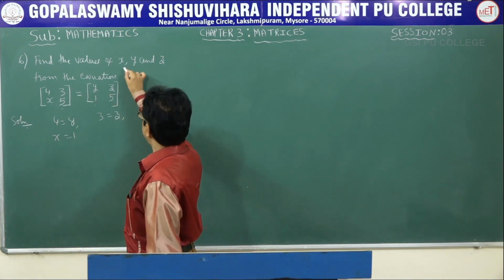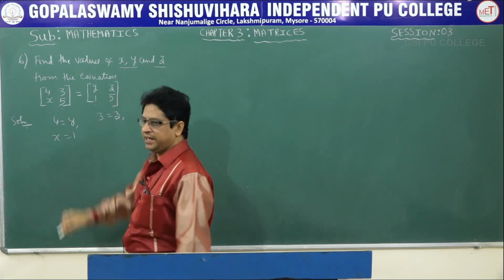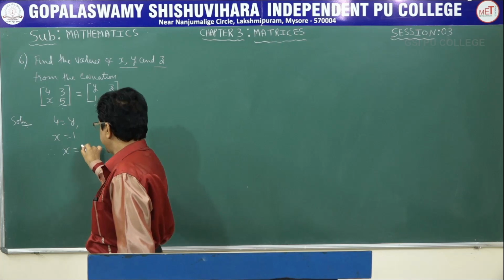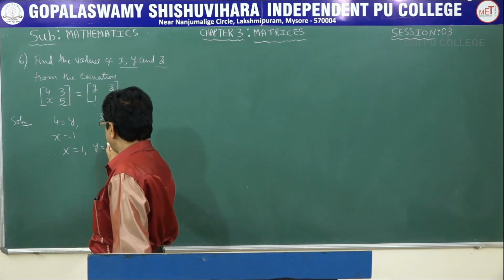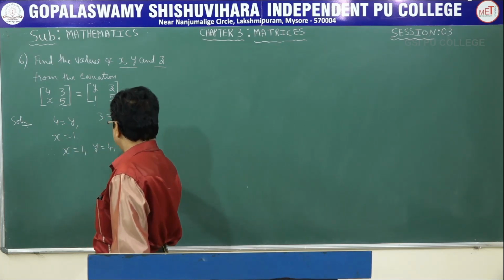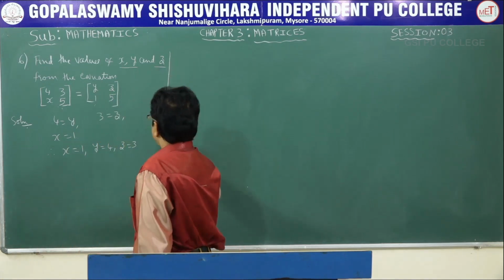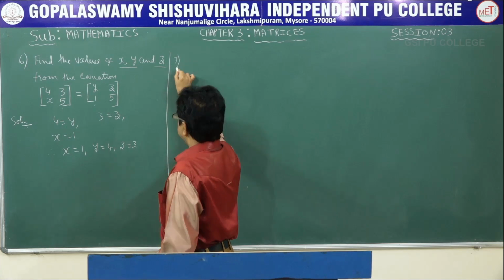Our aim is to find what? The values of x, y and z. So our conclusion is therefore x will be equal to 1, y will be equal to 4 and z will be equal to 3. We pass on to the next problem.